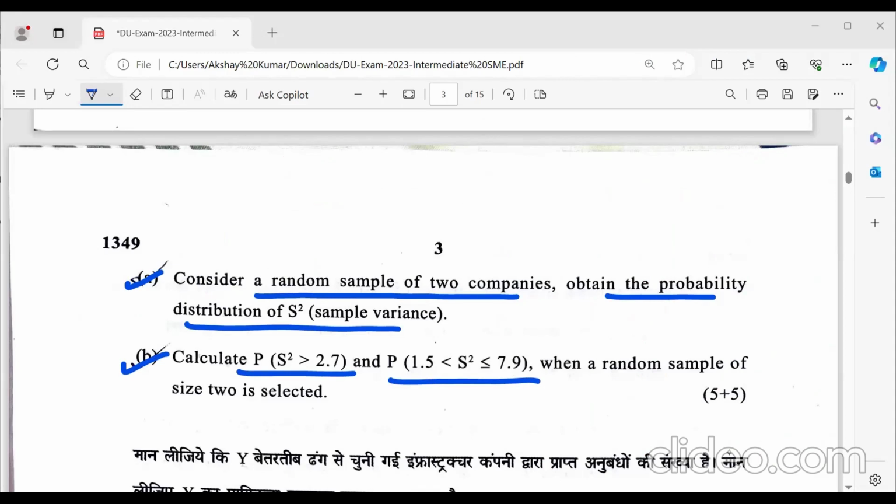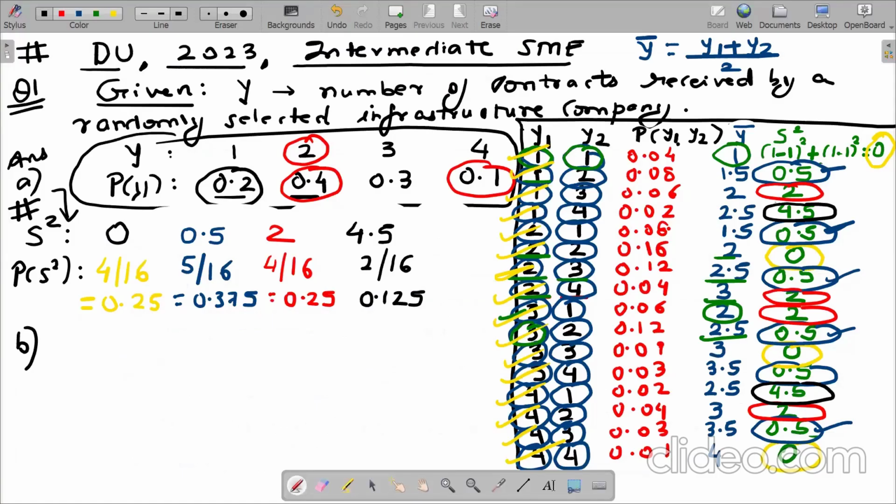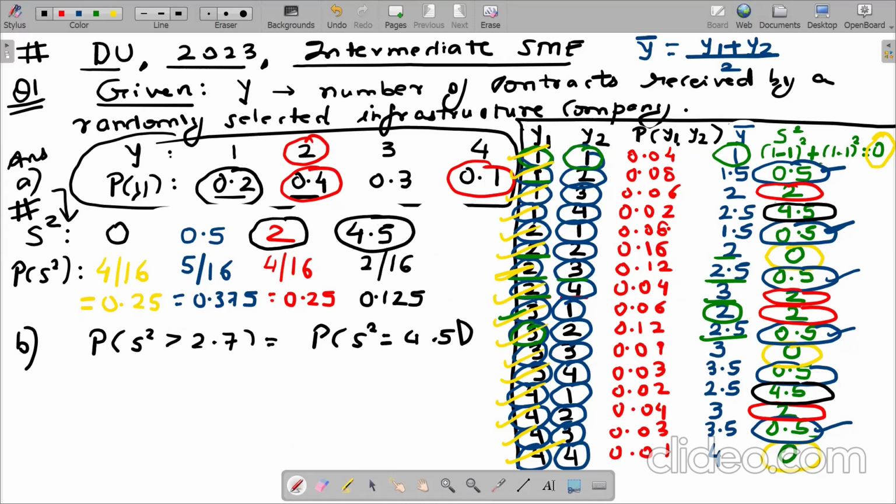So let's come back to the whiteboard. Probability of S square more than 2.7 means probability of S square equal to 4.5, because the only value taken by S square more than 2.7 is 4.5. And what is the probability of S square taking the value 4.5? The answer is 0.125.